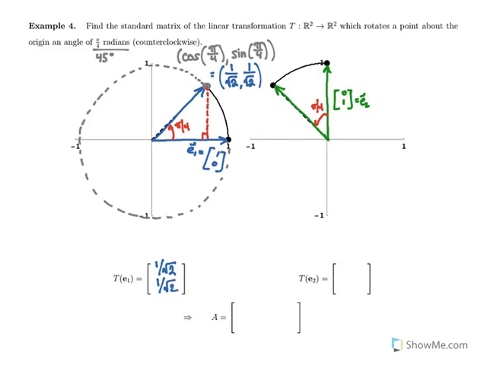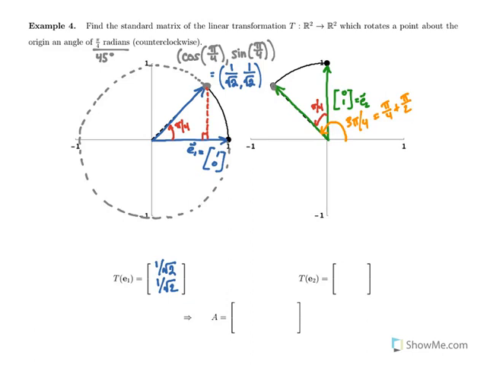Now let's do the same thing for the vector 0, 1. Note that when I'm rotating pi over 4, this is actually corresponding to the angle 3 pi over 4, or this is pi over 4 plus 90 degrees, pi over 2.